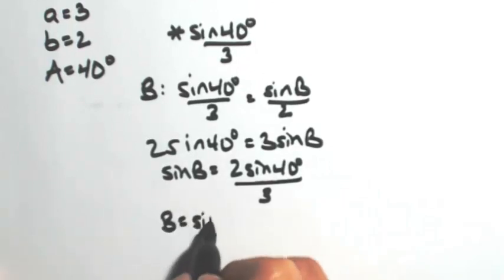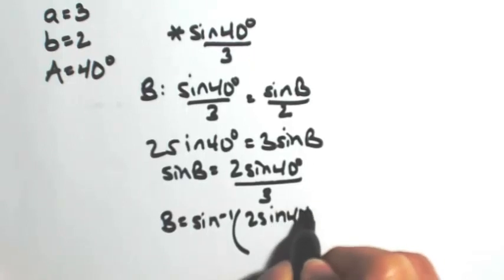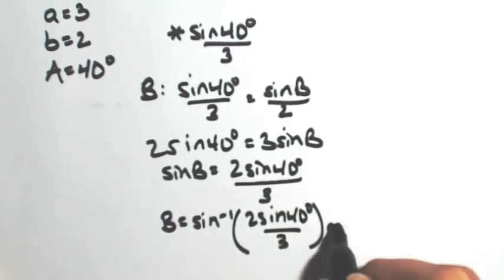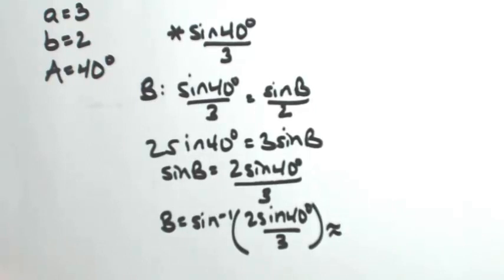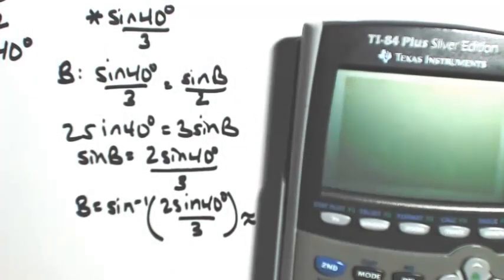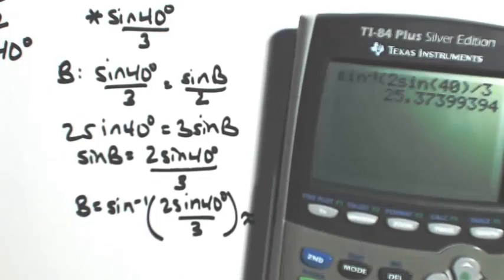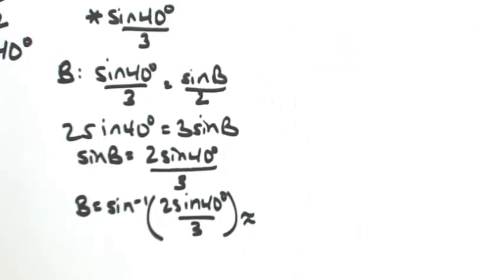So B is going to be the inverse sine of all of that. Putting this in the calculator, make sure you have degree mode. The inverse sine of 2 sine 40 divided by 3 is about 25.37 degrees.